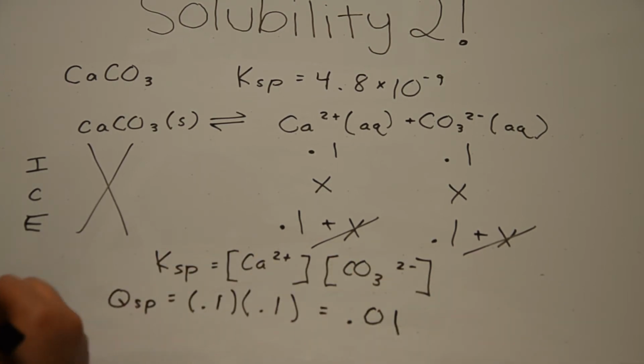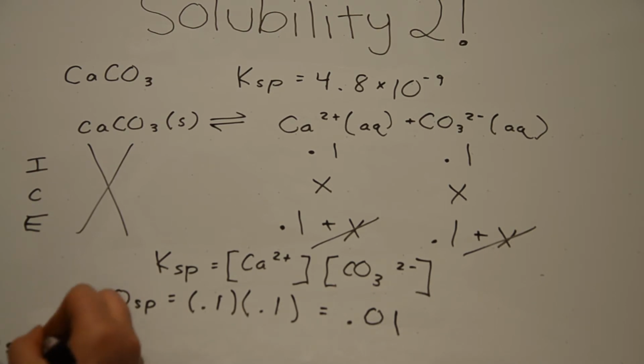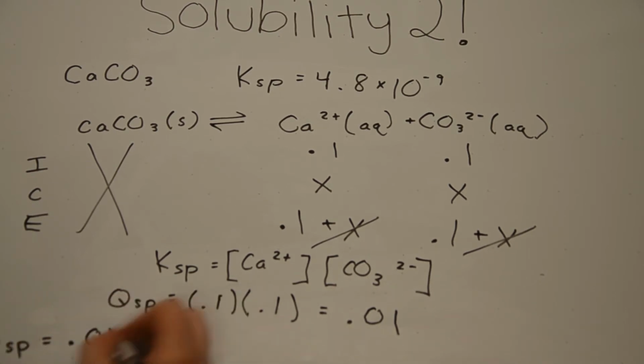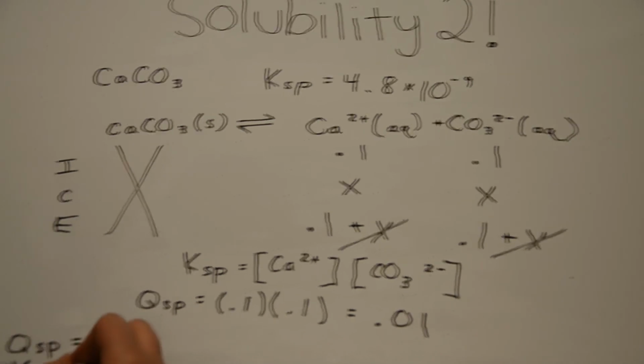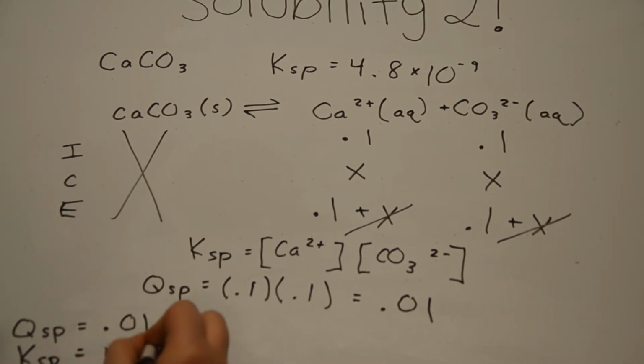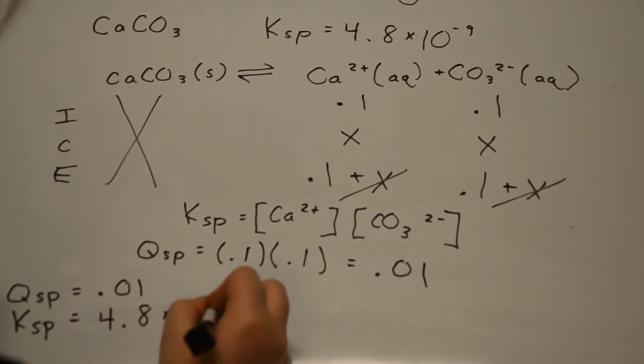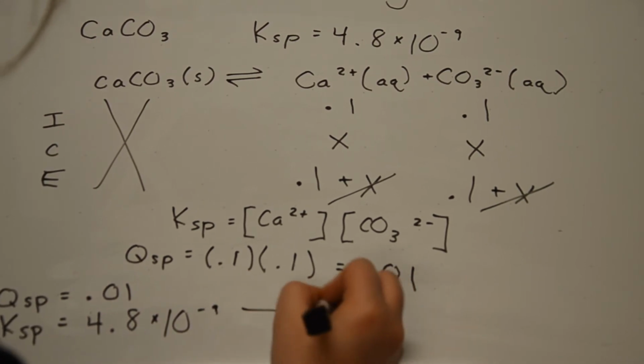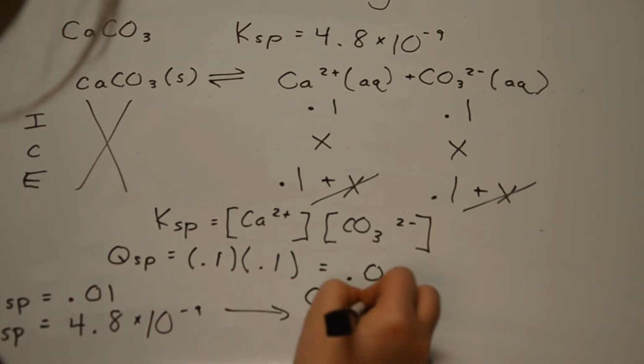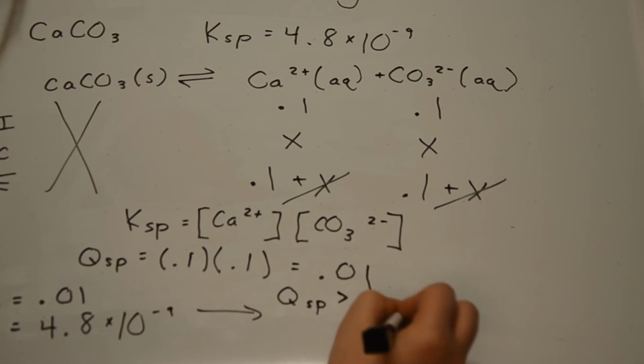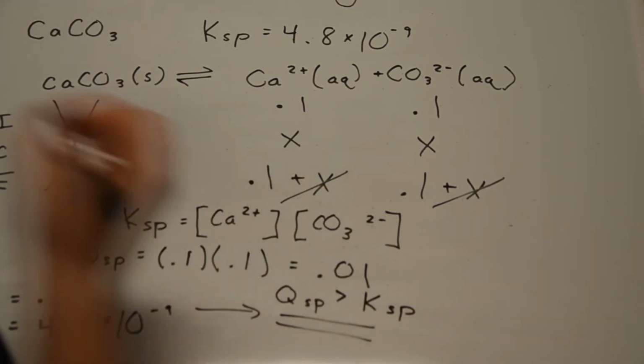With our information in hand, we can say that Qsp is equal to 0.01 and Ksp is equal to 4.8 times 10 to the negative 9. Therefore, Q is greater than K, and precipitate will form. Exactly what we want, Jesse.